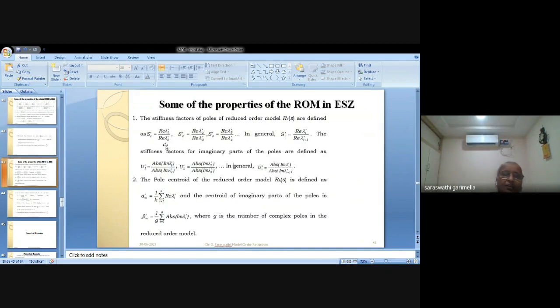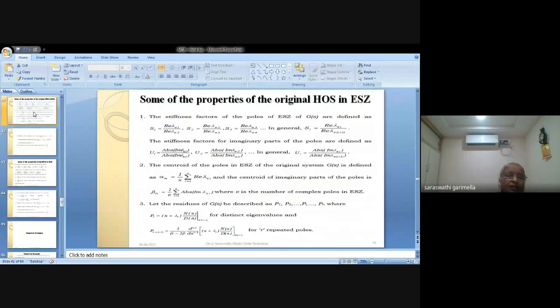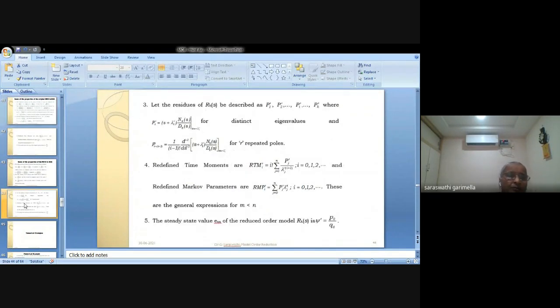And similarly, if you calculate for the reduced order model, you will get the same things: centroids and stiffness factors for real as well as imaginary, the centroid for real and imaginary, like what we calculated here. I forgot to tell that.